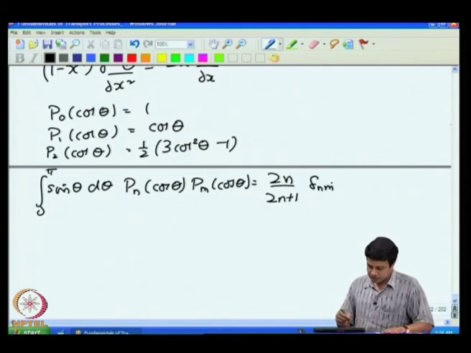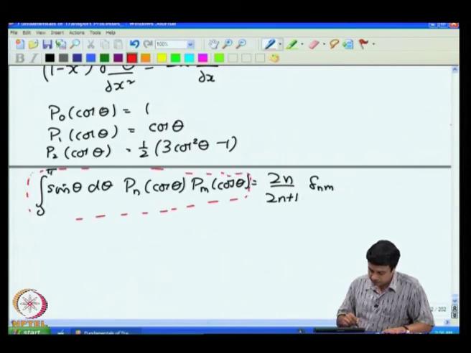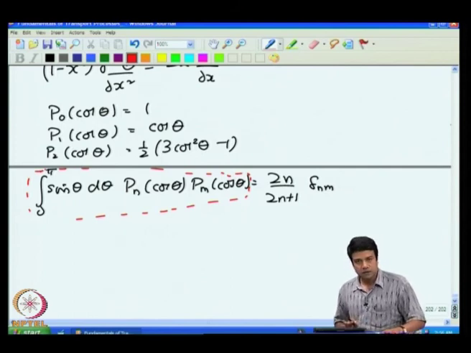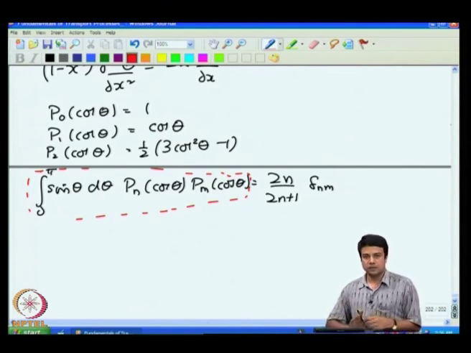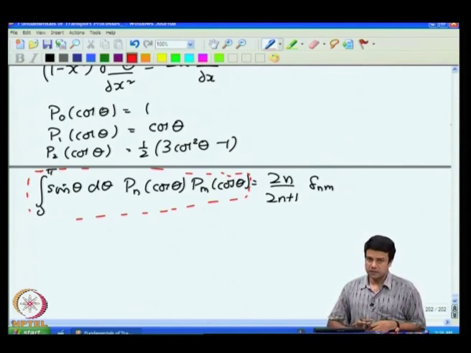So, this is the definition of the inner product for the Legendre polynomial expansions. It is non-zero only if n is equal to m, that is, you are multiplying two identical Legendre polynomials. If the Legendre polynomials are different, then the product is equal to 0.